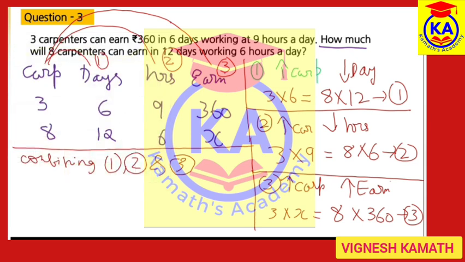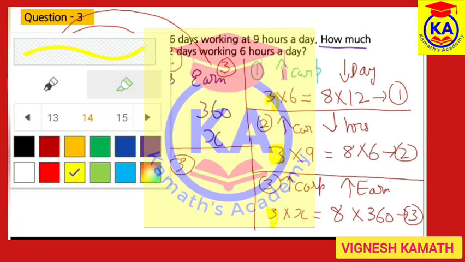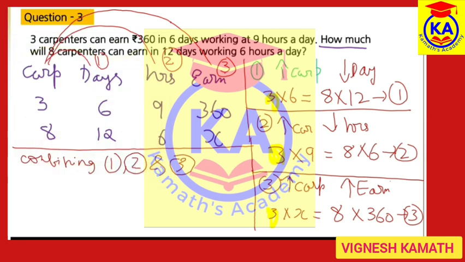Don't worry if you didn't understand, just look at this. Look at the common things in all the 3 equations. Here 3 is common, even here 3 is common, and here 3 is common. So 3 into 6, 3 into 9, 3 into x. Here 8 is common, even here 8 is common, and here 8 is common.